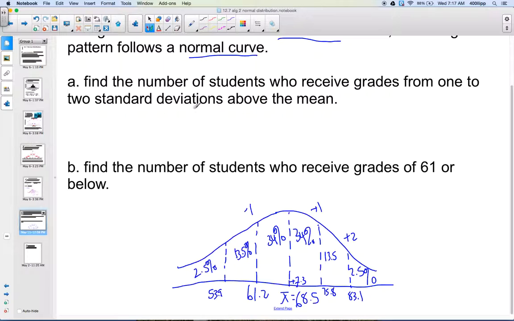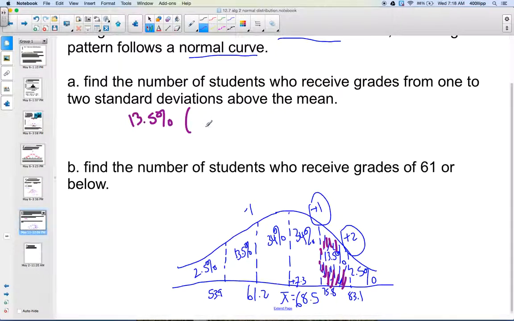We want the number of students who receive grades from 1 to 2 standard deviations above the mean. That is 13.5% of the data.